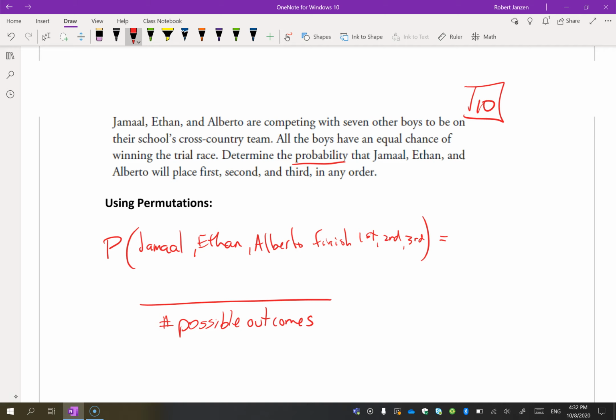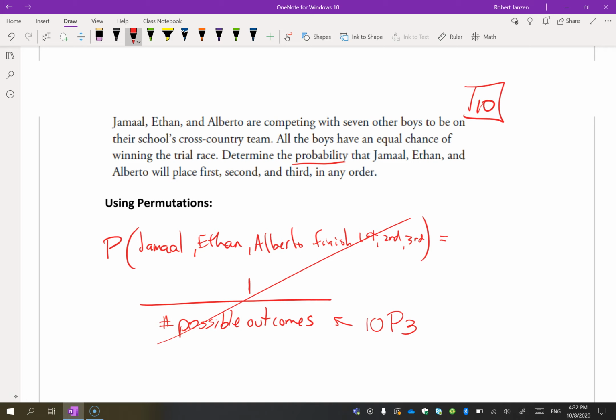Okay, so this is a little bit of a trickier question. It says, determine the probability that they will finish first, second, or third in any order. This means that we don't care which of them finishes first, second, or third. We just want to know how many ways we can have those 3 guys in the first 3 spots. So this is actually not a permutation question, because if it was, we would say 10 permute 3, and there's only one way that it would happen.